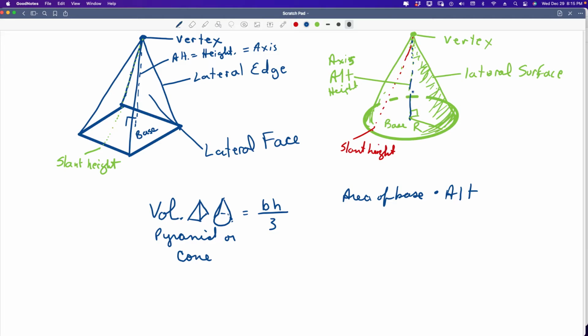That's what you would do. Times this. Or times this. Area of the base times the altitude, and then you would divide that by 3. And that is how you'd find the volume of a pyramid or a cone. So let's try that. If you haven't written this down, pause and do so now. I'm going to clear the page.